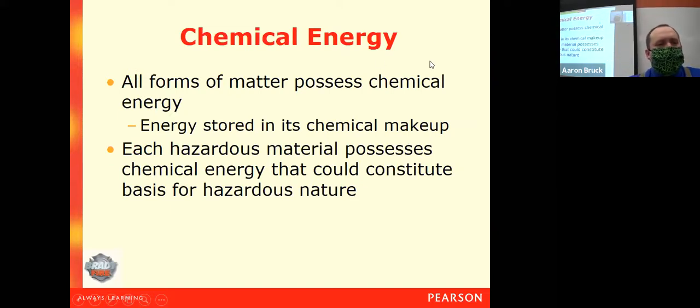Now, when it comes to chemical energy, we have to understand all matter in all of its forms, regardless of its phase, regardless of its state, is going to contain some amount of chemical energy. Because ultimately, this is the energy that is stored in the chemical makeup of the substance itself.